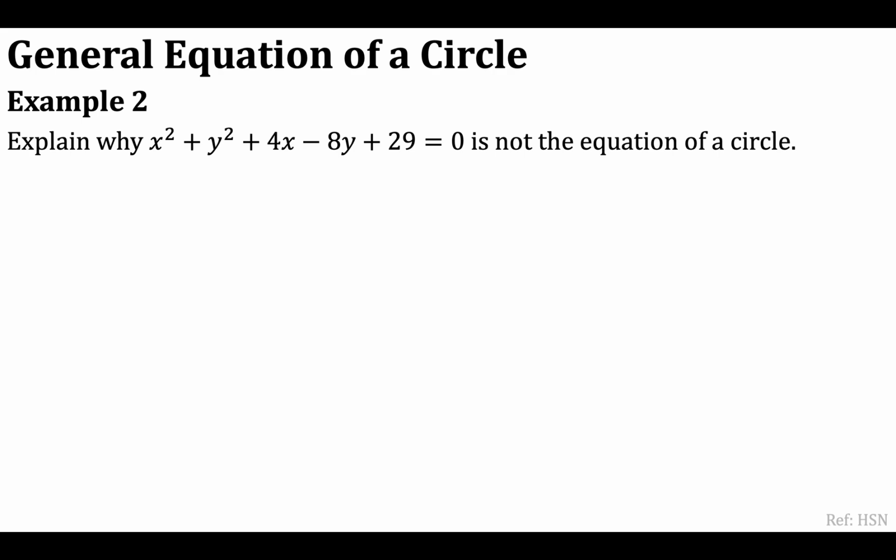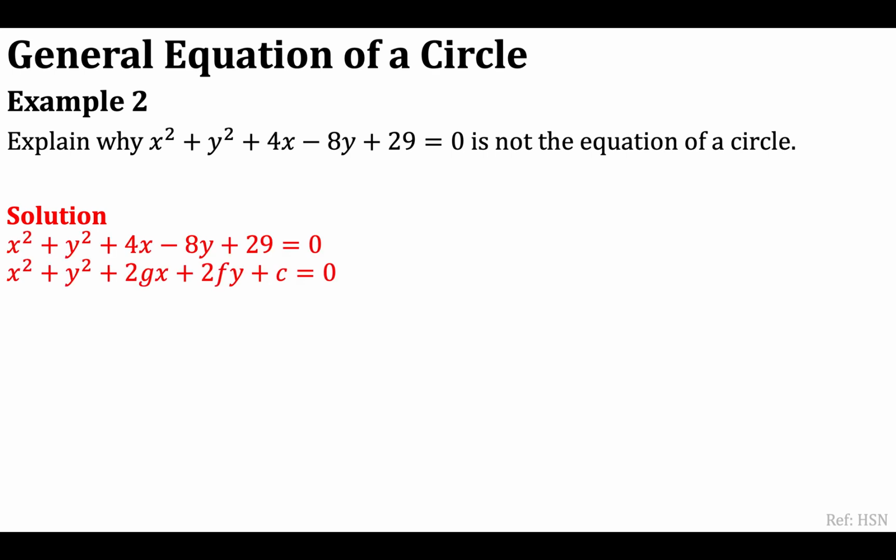Now, obviously, our radius can be calculated using the square root of g squared plus f squared minus c. Because we're taking the square root, we need what is underneath the square root to be positive. So we need g squared plus f squared minus c to be a positive number. So let's go about checking that and see if that's why this is not the equation of a circle.